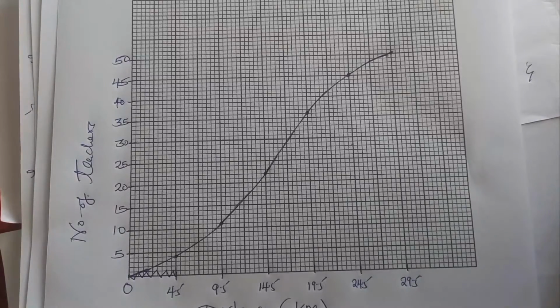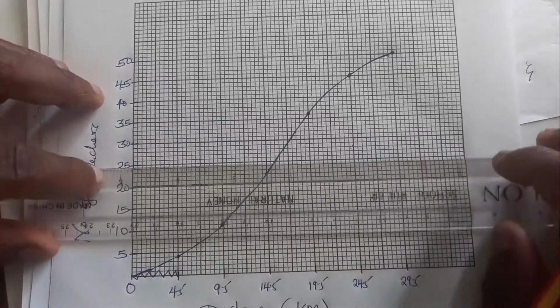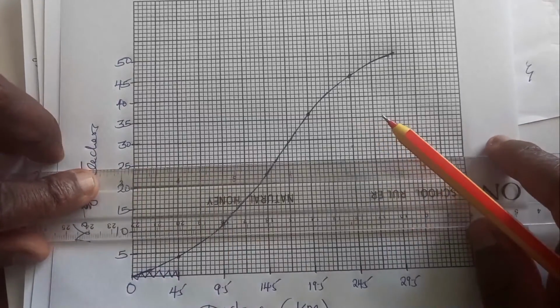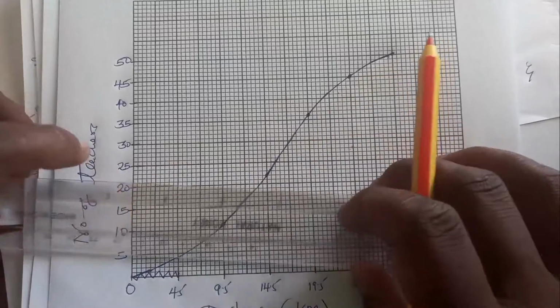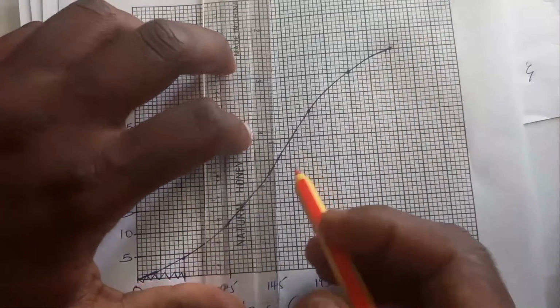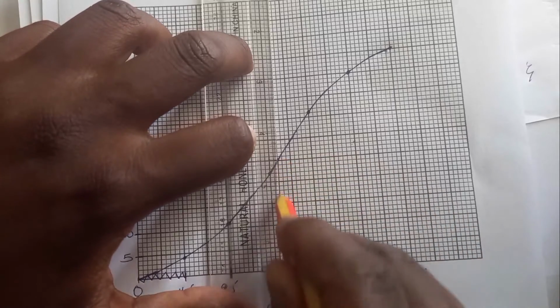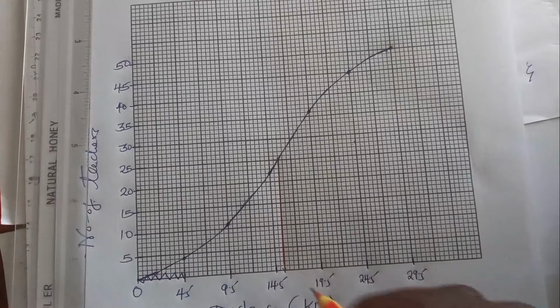Look at where we have the 25th teacher. This is where we have the 25th teacher. You draw a straight line across to where it touches the graph. The line touches the curve at this point. So from this point you drop down here, and this will be the median.